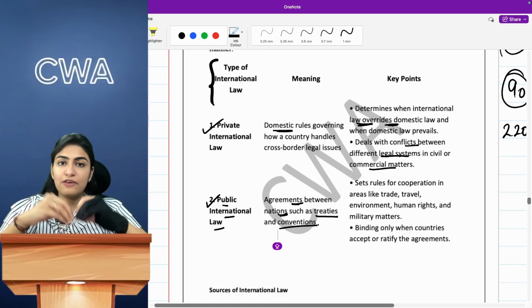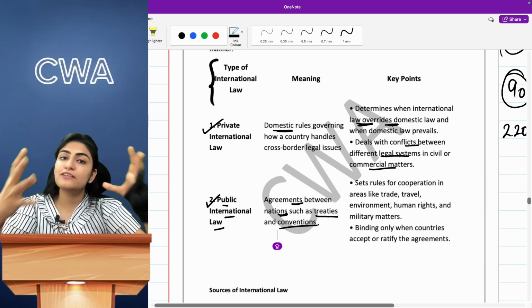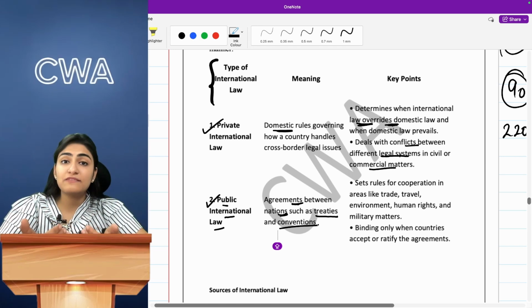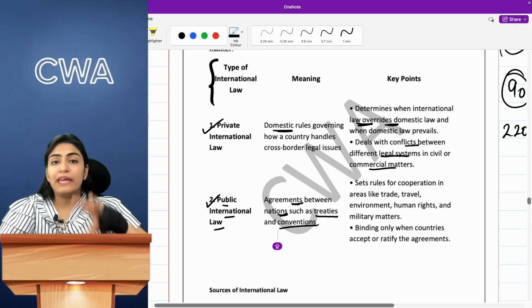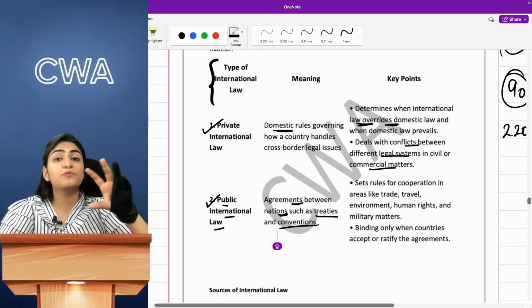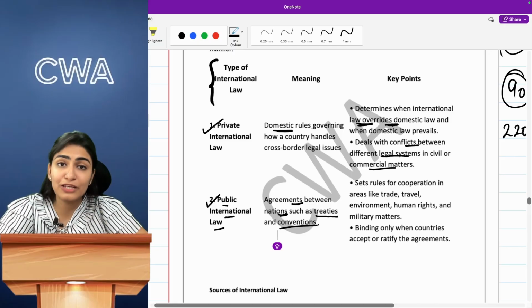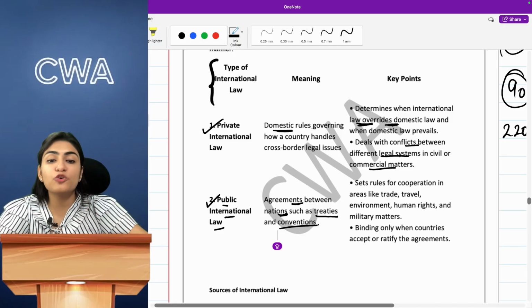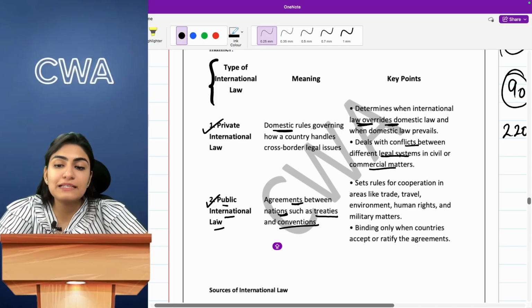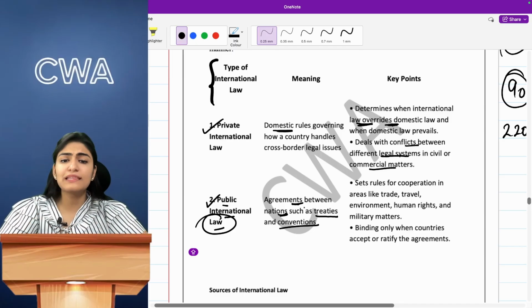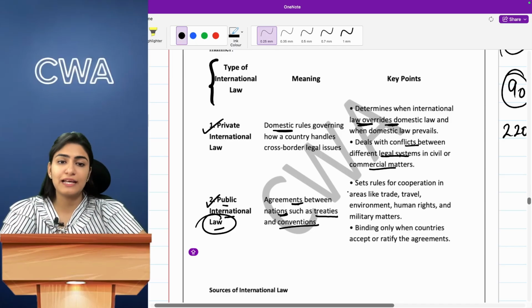Let's say, for example, India and China people are sitting together and they have discussed that whenever any contract happens between your country's individuals and my country's individuals, they are supposed to follow these rules and regulations or this law. That is what is called public international law.